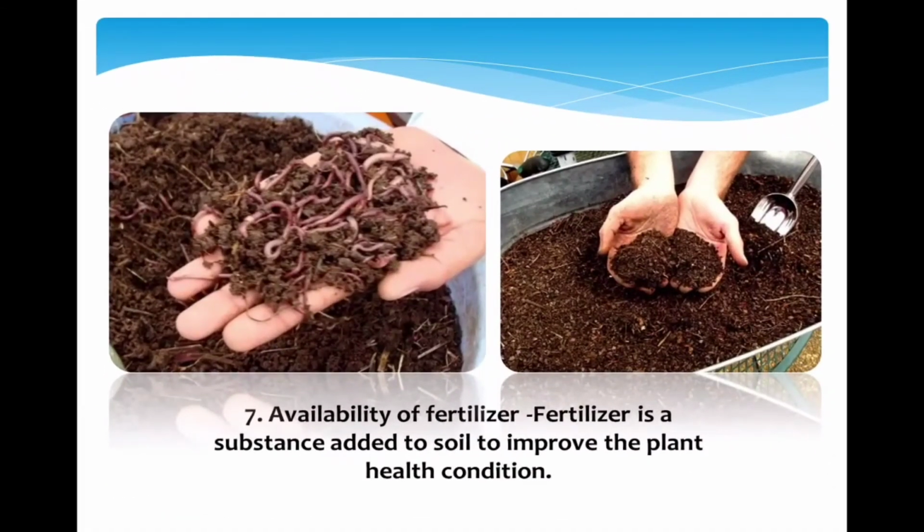Then, the number 7 is the availability of fertilizer. Fertilizer is a substance added to the soil to improve the plant health condition. So, yung example na binigay ko dyan sa picture is a kind of organic soil. Why? Organic soil ay walang preservative ingredients na nakakalason sa health ng tao.